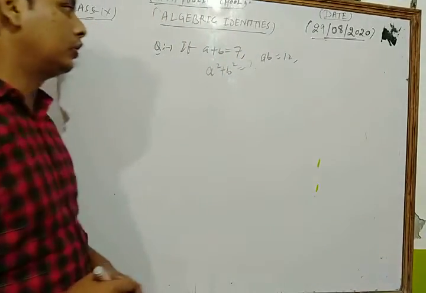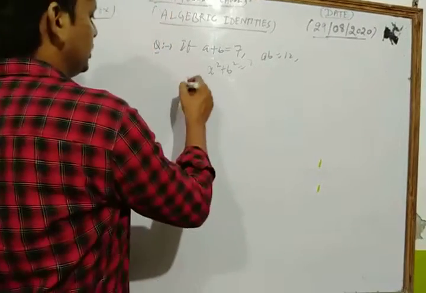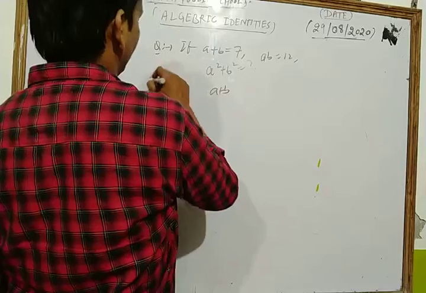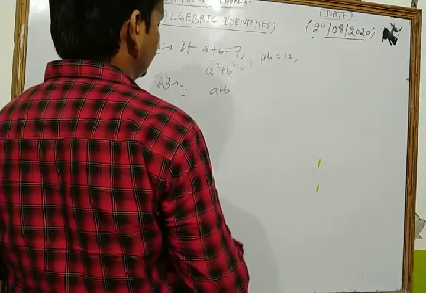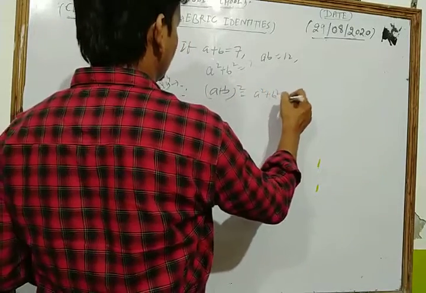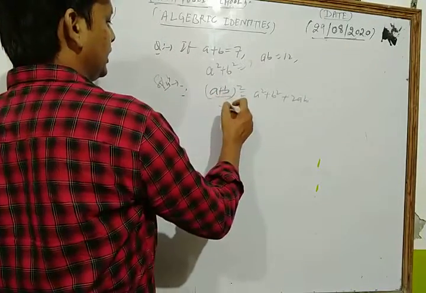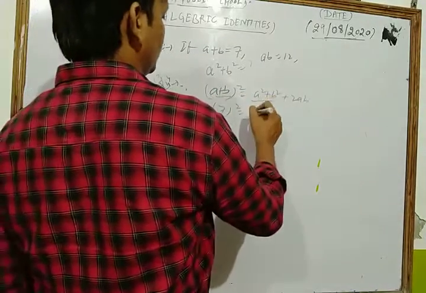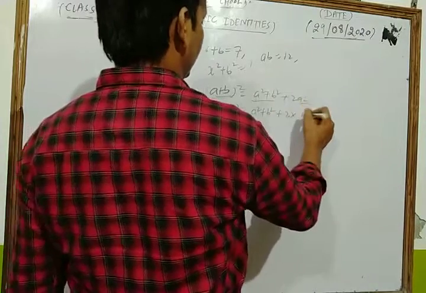Now dear student, in that type of question we use the formula of a plus b whole square. Let's see the solution. We know that a plus b whole square is equal to a square plus b square plus 2ab. Now we put the value of a plus b as 7, so 7 square is equal to a square plus b square plus 2 into 12.